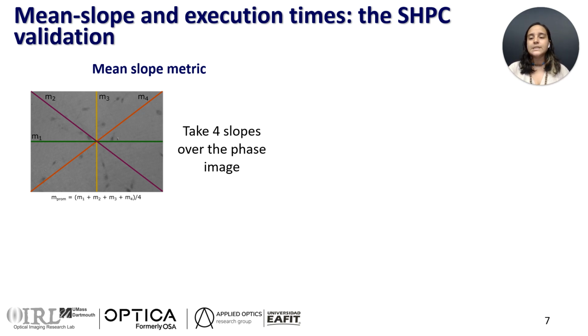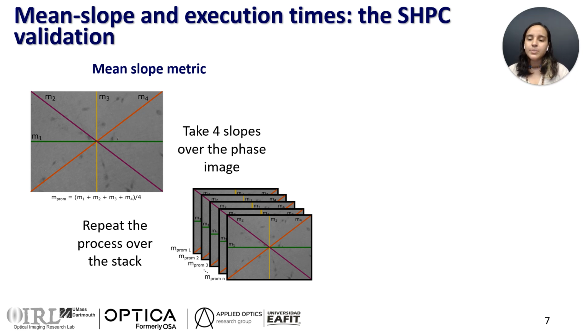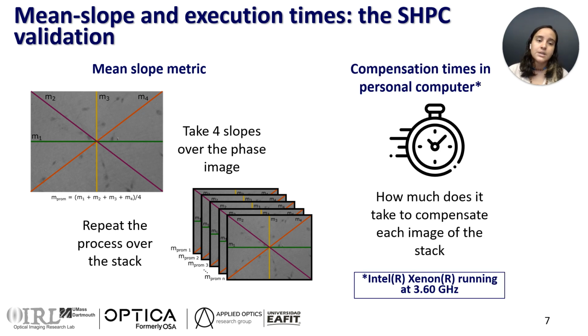And the compensation time is around 0.3 seconds, which is 4 frames per second. It's not real time, but it's pretty good in terms of stability and the threshold between stability and speed.